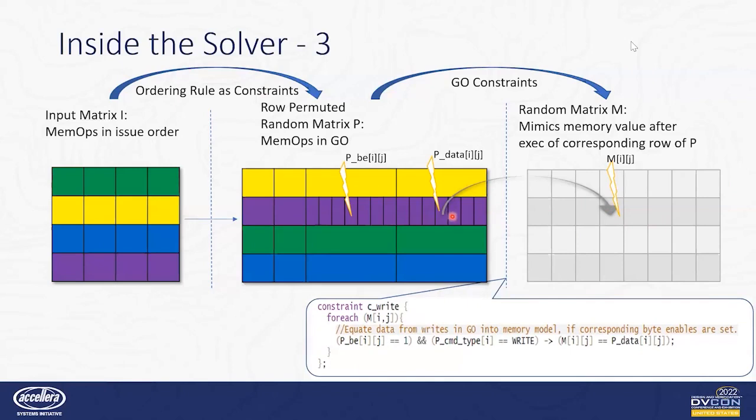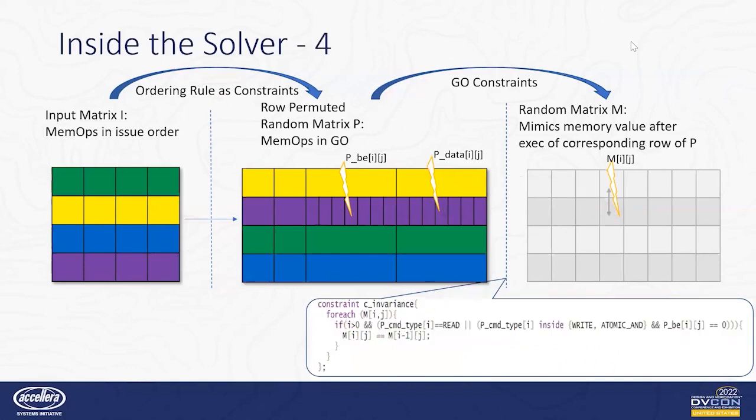The second constraint is saying that if row I of P is a write, and a particular byte J has byte enable 1, then equate the corresponding data byte J to the corresponding byte in M, and do that for all J's. And this is what's shown here.